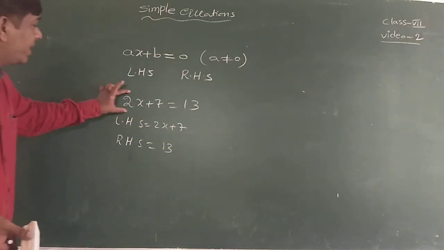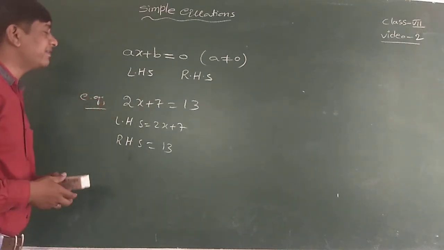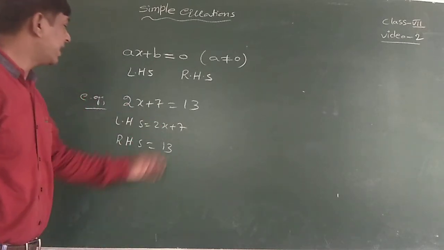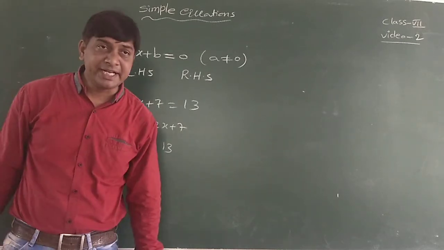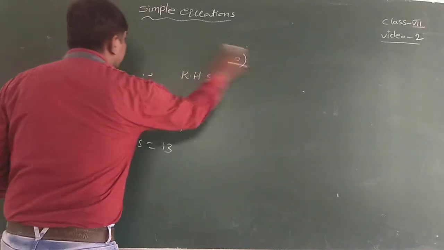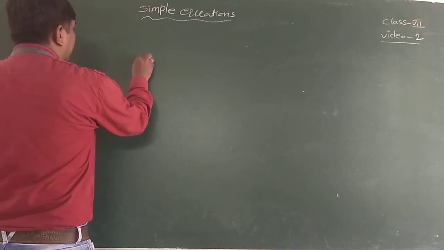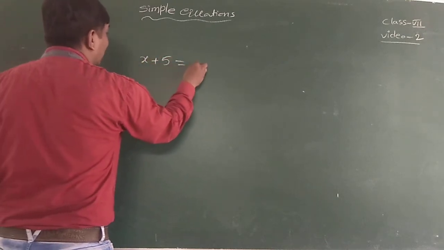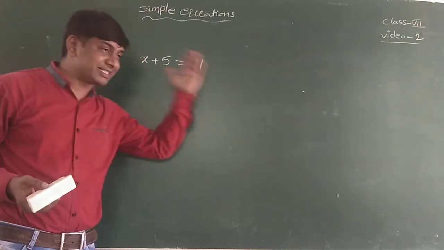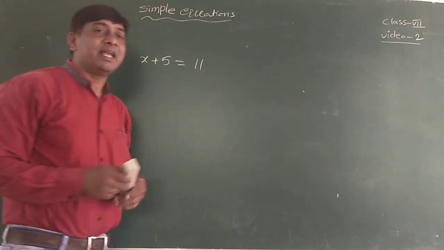For example, in 2x plus 7 is equal to 13, the LHS is 2x plus 7 and the RHS is 13. Now take x plus 5 is equal to 11. The left hand side is x plus 5 and the right hand side is 11.